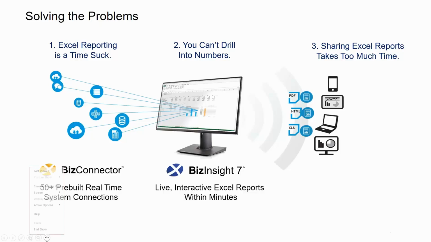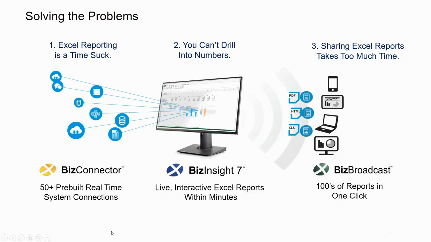And of course, the last piece is the ability to broadcast everything out. And so that's sharing that information across the entire organization, where I have that report, but each person needs their own version of it. And not only do they need their own version, but they need to be able to see it as a PDF or an HTML or whatever it happens to be, right? They're remote employees, whatever.